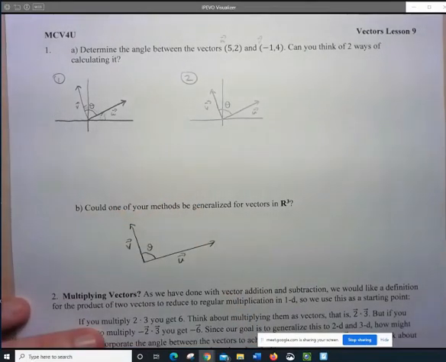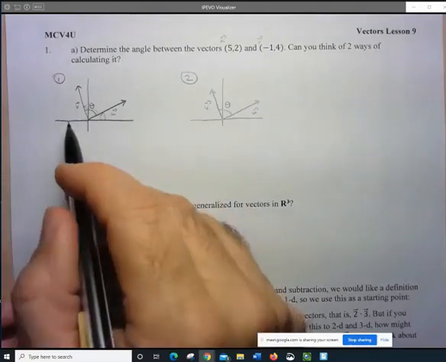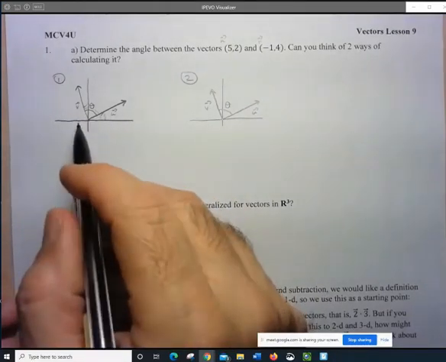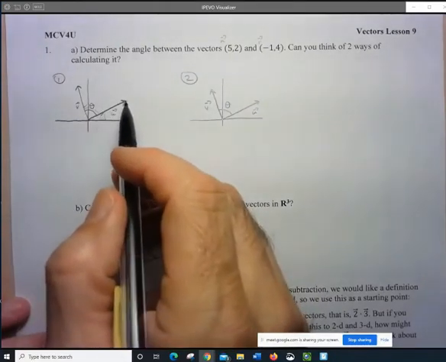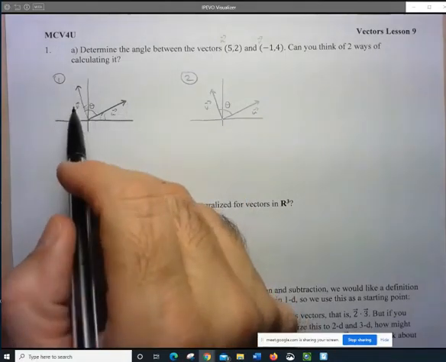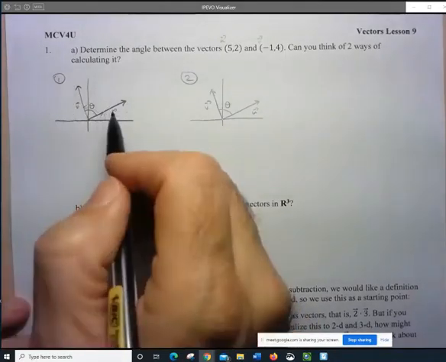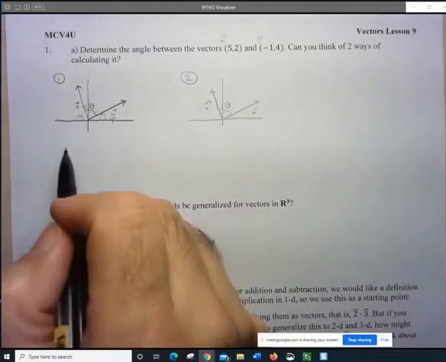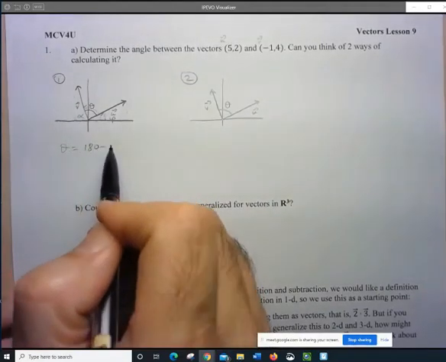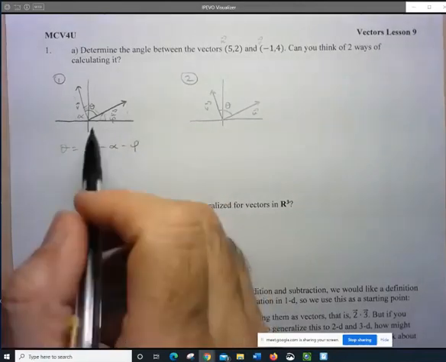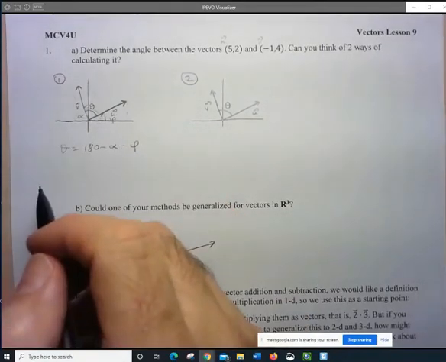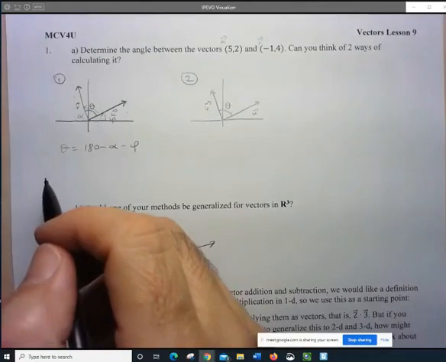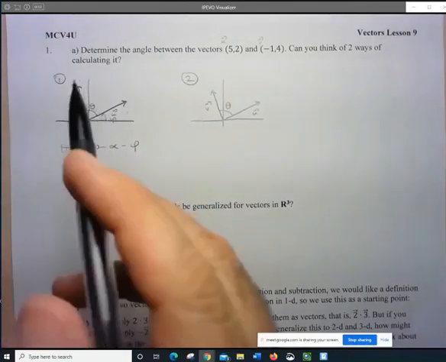You could find it relative to the related acute angle. Yeah, the related acute angle, and subtract it from 180. There you go. You could also take this angle here, call it phi, take this angle here, call it alpha, and then theta is just going to be 180 minus alpha minus phi, or you can find the angles from the positive x-axis. But either way, that'll work.